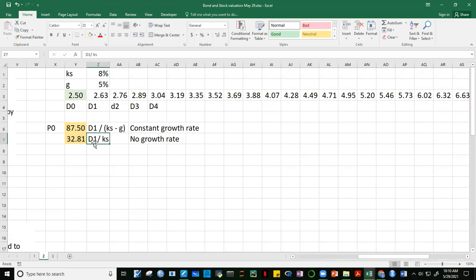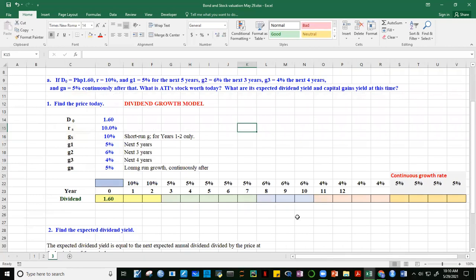Ito walang growth. Tingnan nyo, ang layo ng difference. Okay, so here, going back here, guys. So 10% for the first 2 years, 5% for the next 5 years, 6% for the next 3 years, etc. Okay, then 5% na raw yung susunod na long run growth.